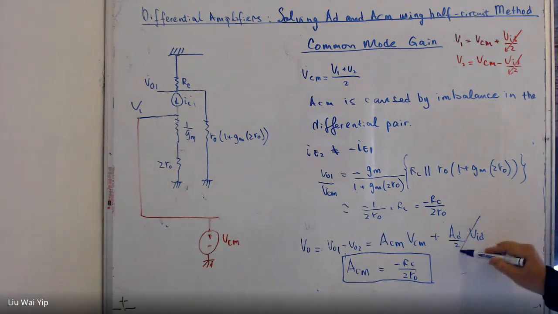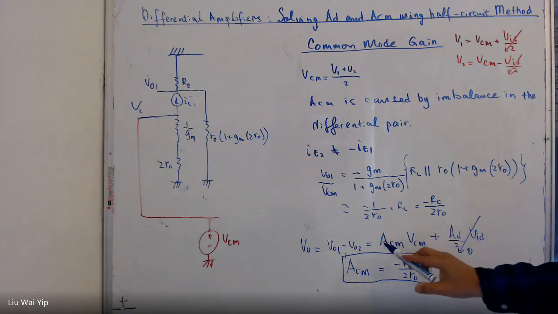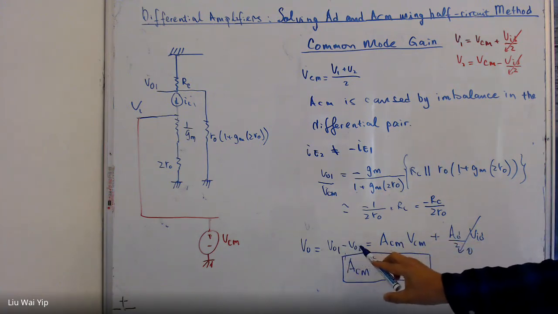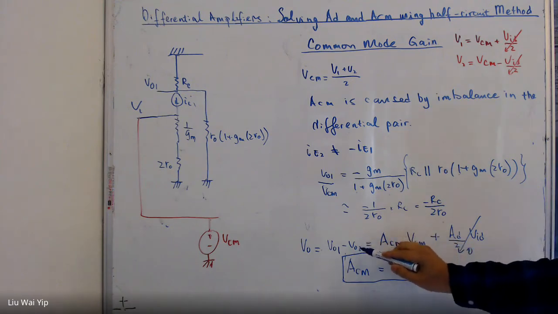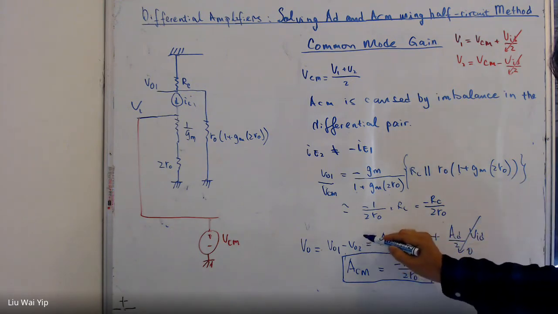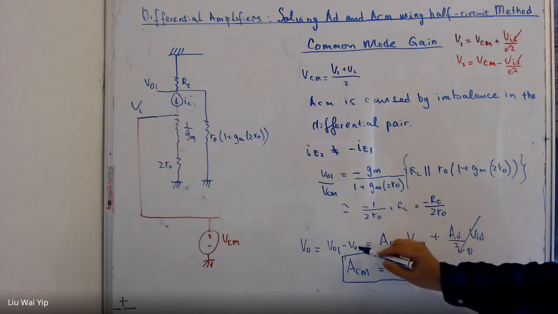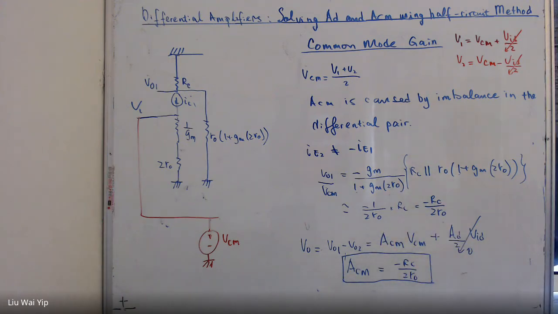This one becomes 0, and that's why I said Vout is this one, and we have shown VO2 is 0, and that's why we end up with the common mode gain as RC divided by 2 R0. You can use this formula to work this out.